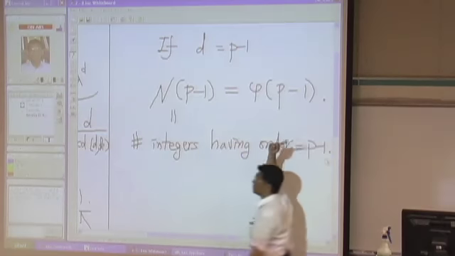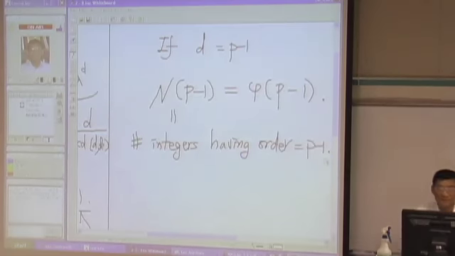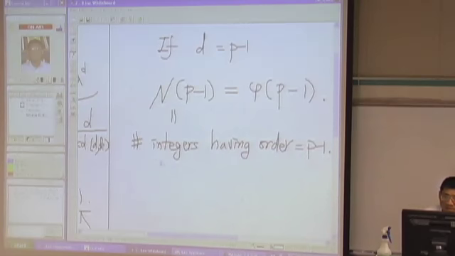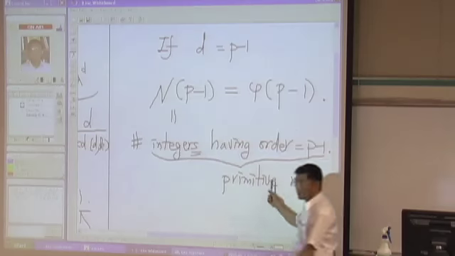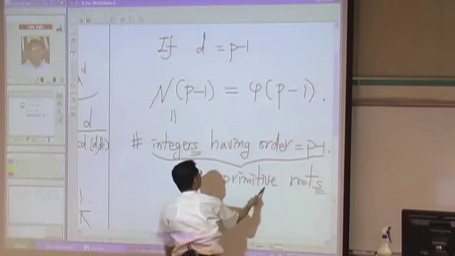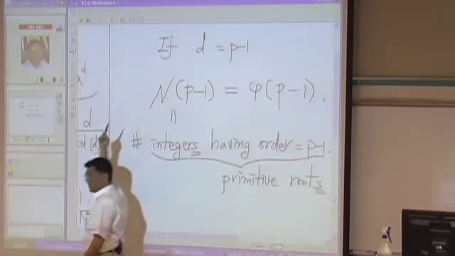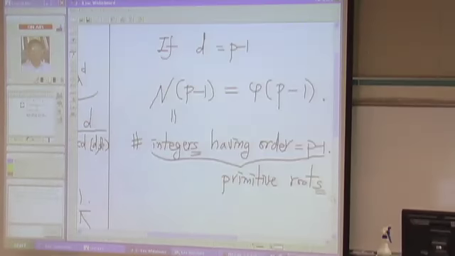That number is this one. But now, by definition, integers having order P minus 1 is called primitive root, right? Because it's plural here, I will use plural. So primitive roots. In other words, the number of primitive roots is n of P minus 1, which happens to be phi of P minus 1. So this is the end of the proof.